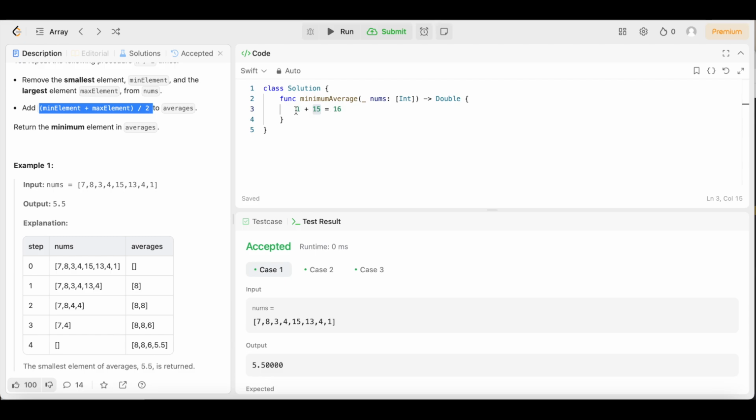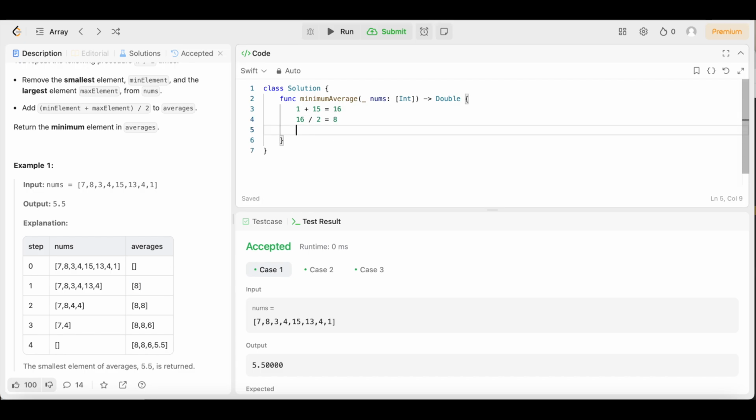So first we're going to do min element plus max element. That's going to give us 1 plus 15 equals 16. Then we're going to take 16 and divide that by 2, and that's going to equal 8. And then we're going to add 8 to the averages array. That's where that 8 comes from right there.